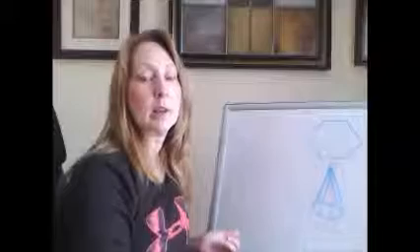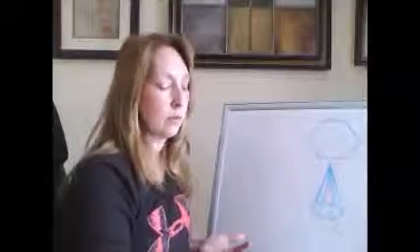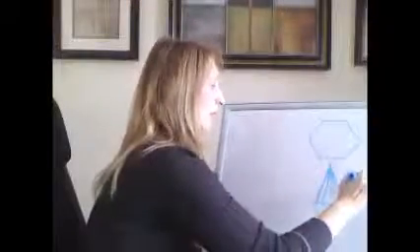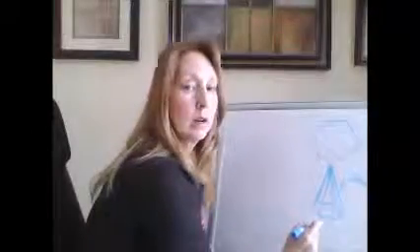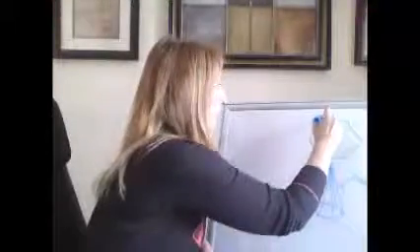Okay, I think I missed a line there. There's my pyramid, and I'd like to find out what is the lateral area and the surface area of this pyramid, given that my slant height is 8 centimeters and the front edge of my base here is 3 centimeters.